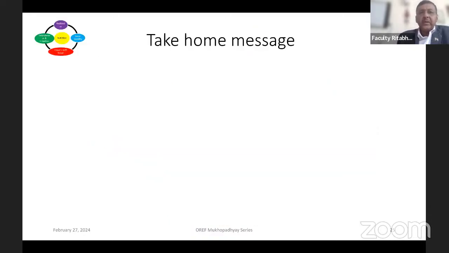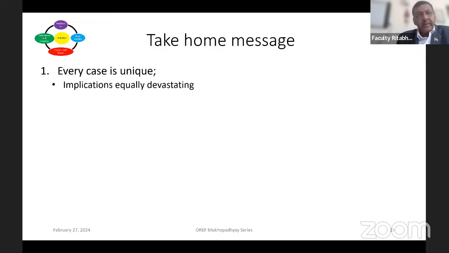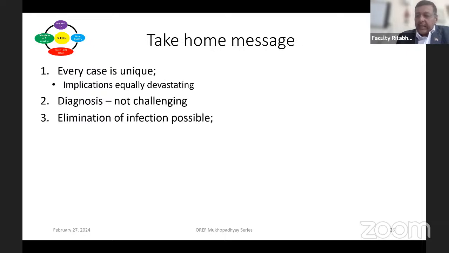So the take-home message for the audience would be that every case is unique in itself, and whatever happens, infection is devastating. The diagnosis is not the challenge. Elimination, eradication of infection is possible in the acute phases, but again, it should not always be the primary goal.